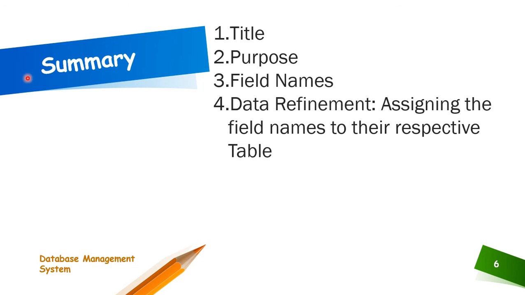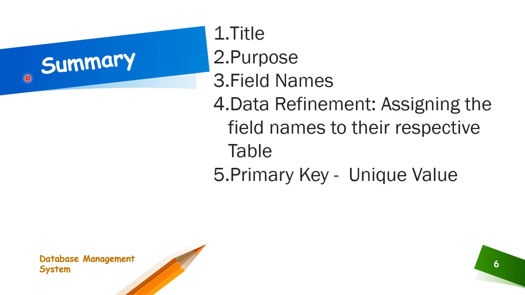And next is that after we identify the field names, then we're going to perform the data refinement by assigning the different field names into their respective tables. Then, after that, we need to assign also our primary key for the unique value.